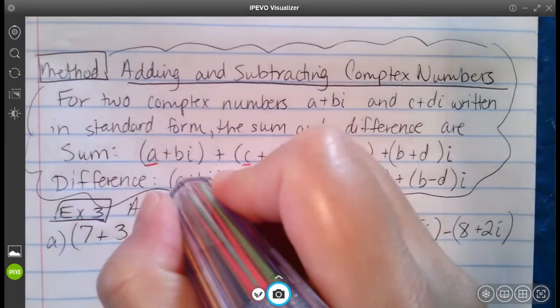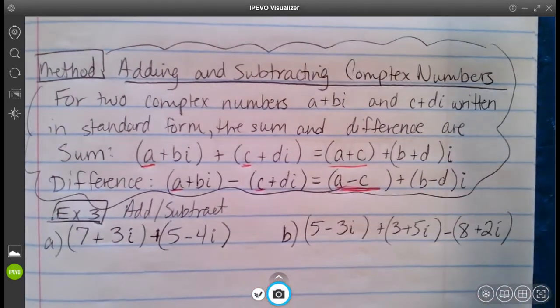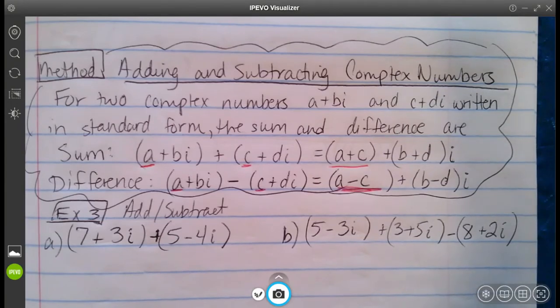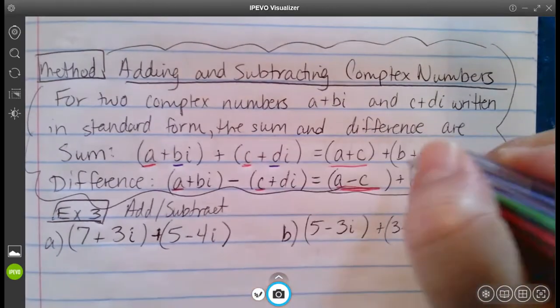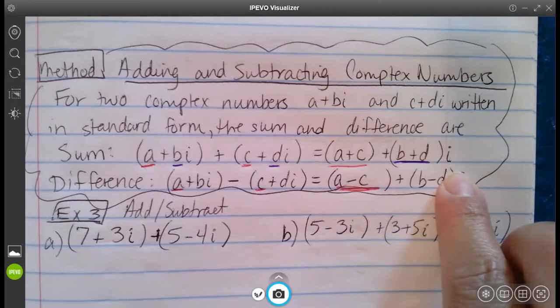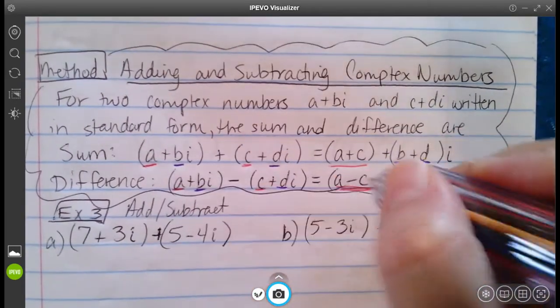Same thing with the difference. The a and the c get subtracted, okay? And the b and the d follow similar suit. So b and d will look like this. Notice that we pull the i out, kind of like factoring it out, okay? Same deal with the difference.